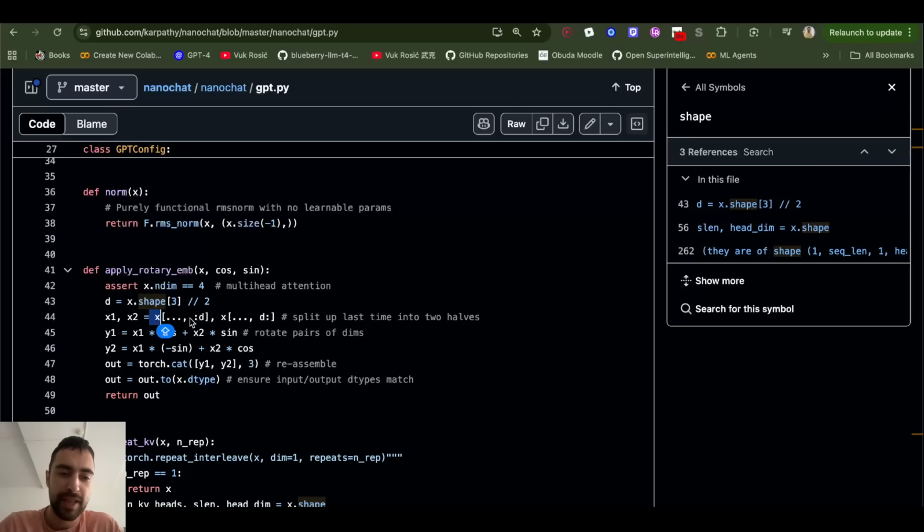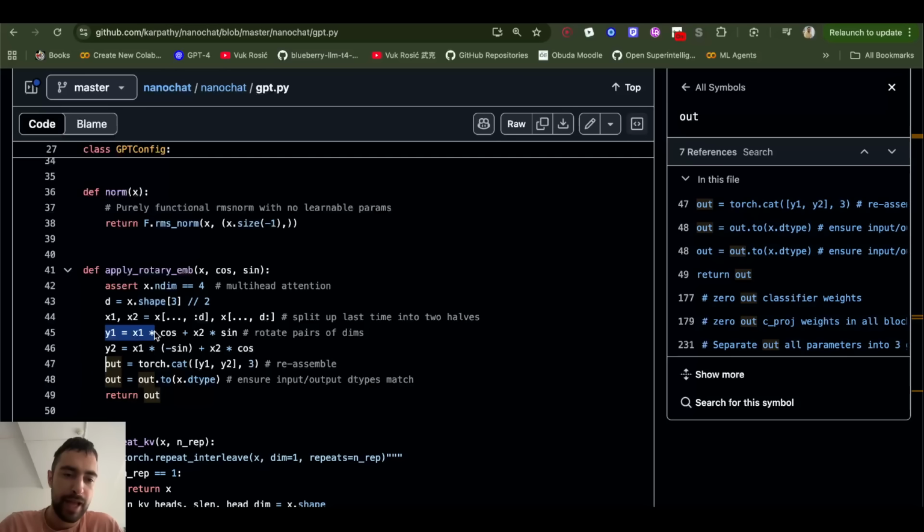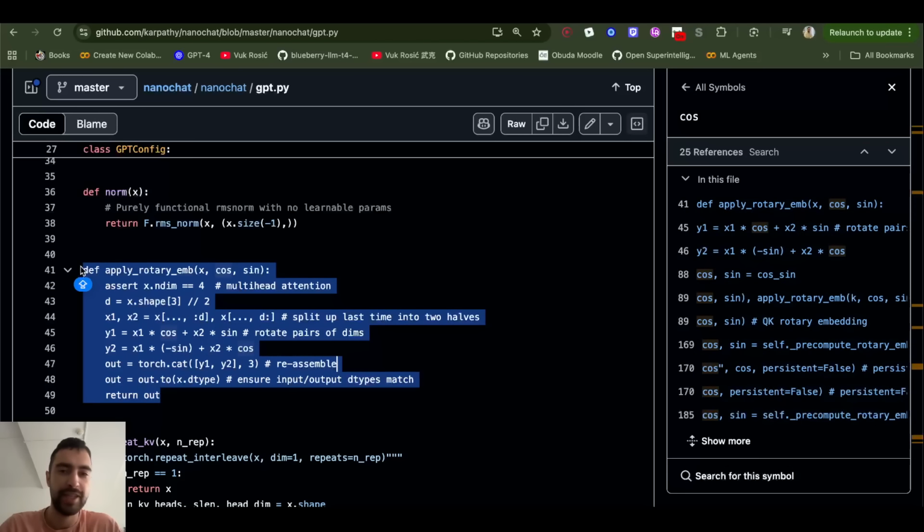So we will split every vector in halves, and then we will apply the same rotation that I just explained, and then concatenate. This is the dimension, because now we don't just have one vector, we have a whole batch of sequences of vectors. But the logic is the same that I explained.